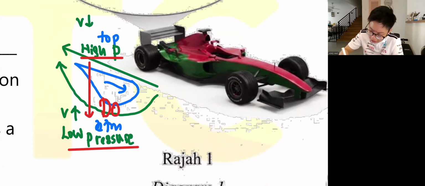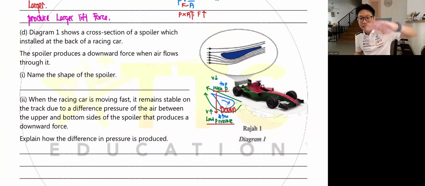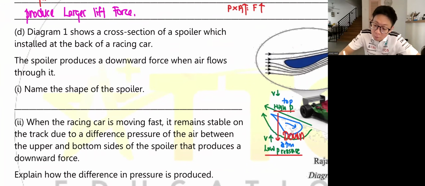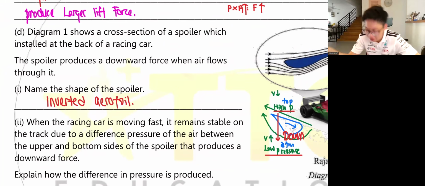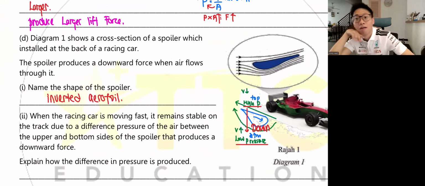So you will generate something we call downforce. Okay, can. So this is the upside-down version of an aeroplane wing. So we call this the inverted aerofoil. Instead of it going up, this thing goes down.